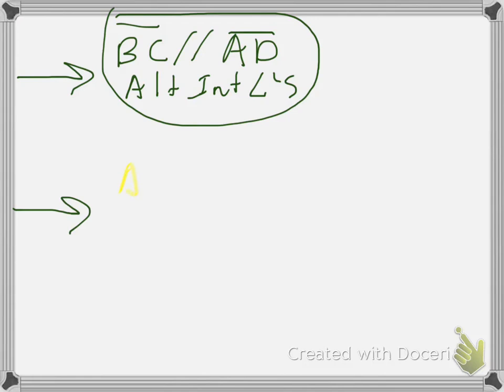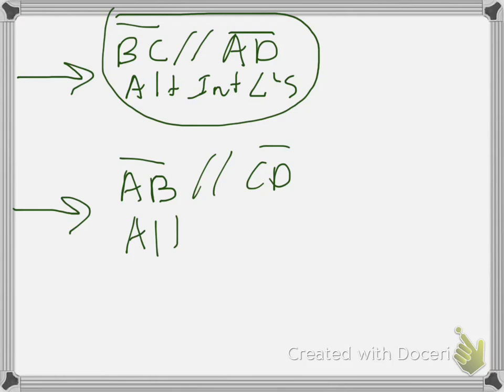AB is parallel to CD by alternate interior angles, because the alternate interior angles are congruent, I guess. It's a better way to write it for the other one as well.